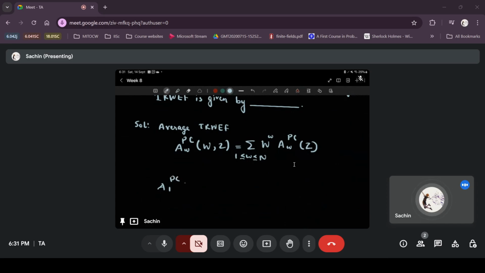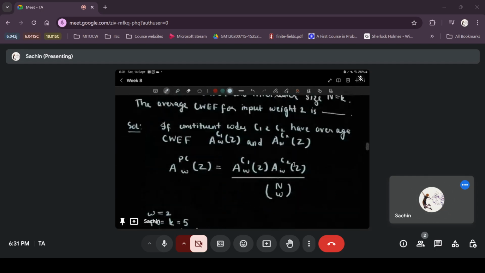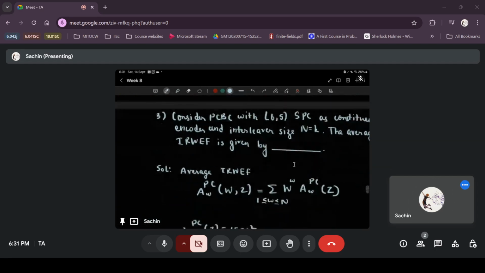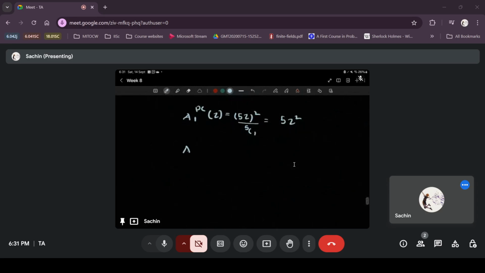You'll get A1 PC of Z is 5Z square divided by 5C1, which is 5, so it's Z square for W1. And we saw A2 PC of Z in the previous question.